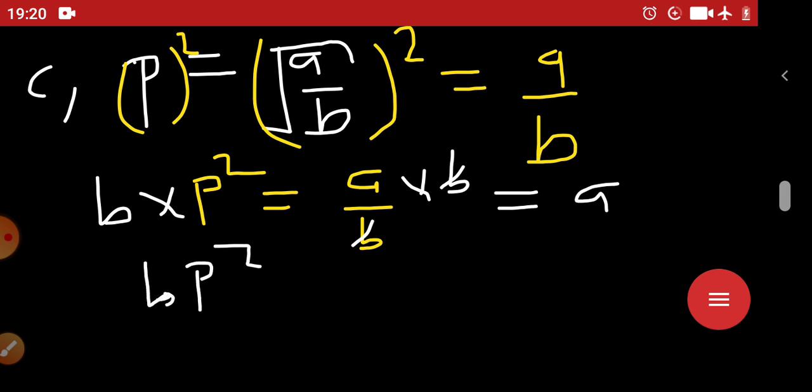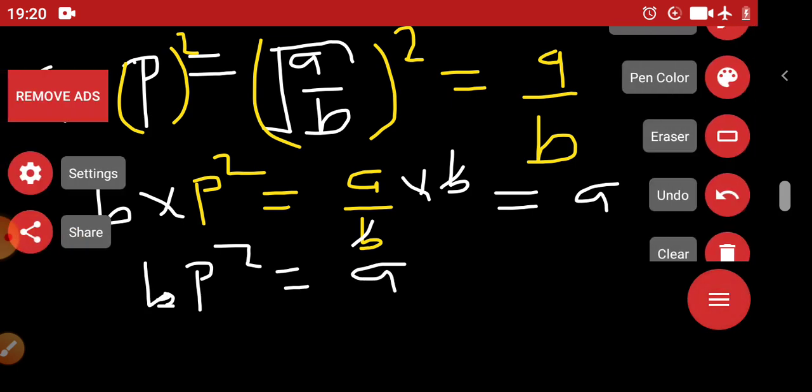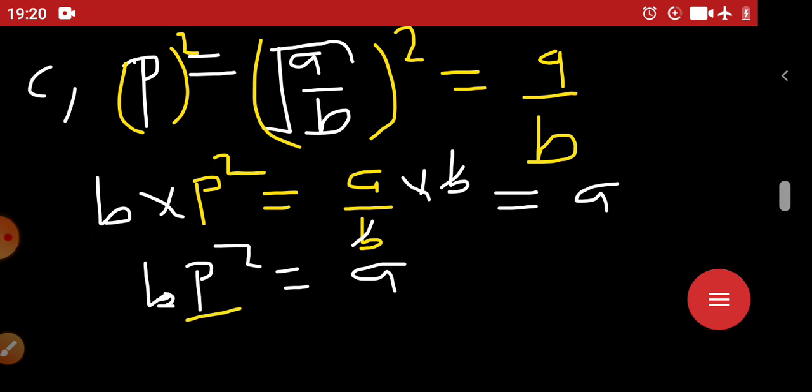So we'll have BP squared is equal to A. Because we want B, it is convenient to divide by P squared, which has multiplied B. The opposite of multiplying is dividing, so that's why we divide by P squared.